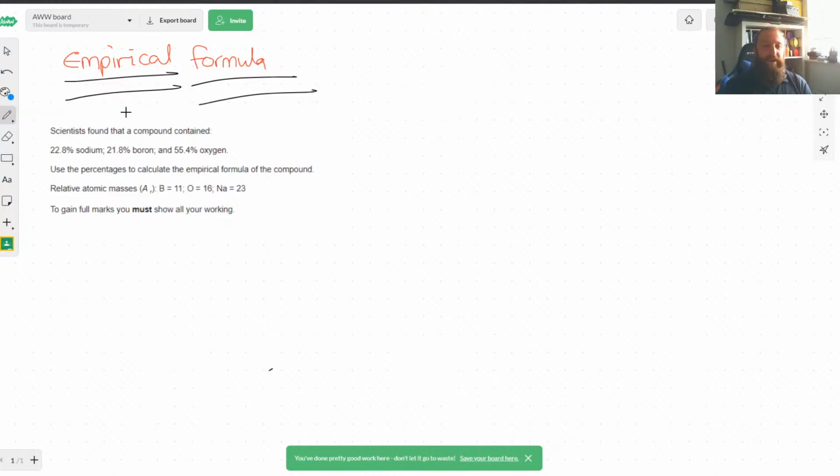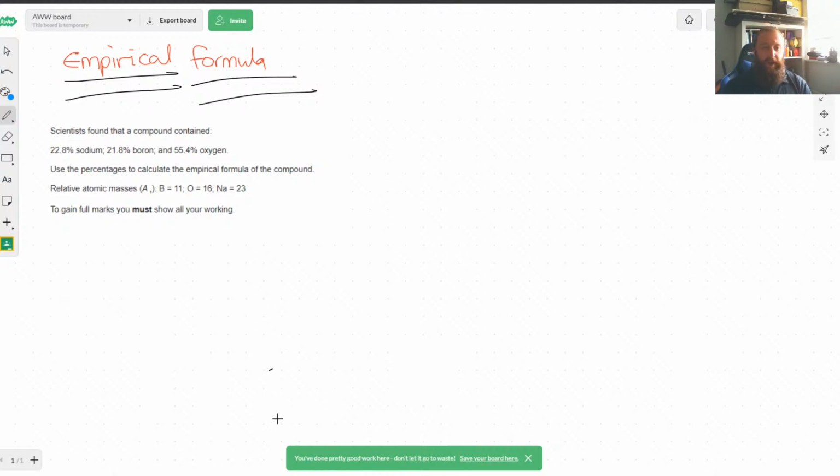Right, so the first thing we've got is some percentages, and we need to work out what the empirical formula is. And as I said before, the empirical formula is just the ratio of the atoms. So I want to know how many sodium atoms react with how many boron atoms and how many oxygen atoms. Okay?